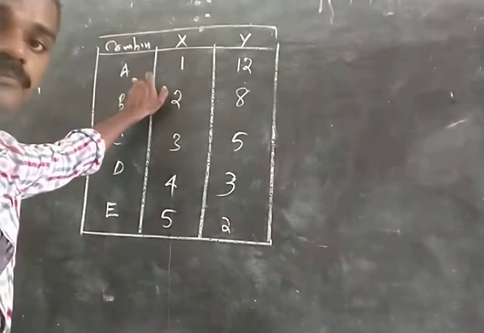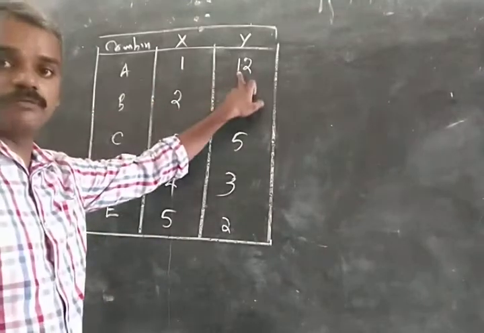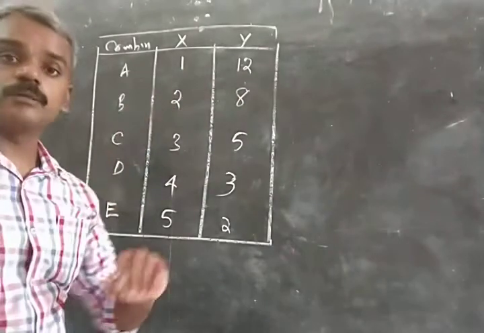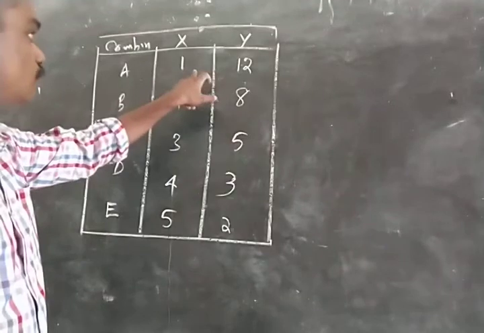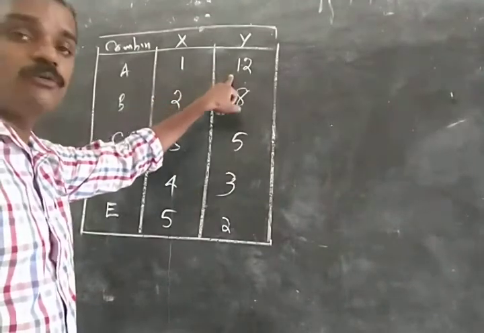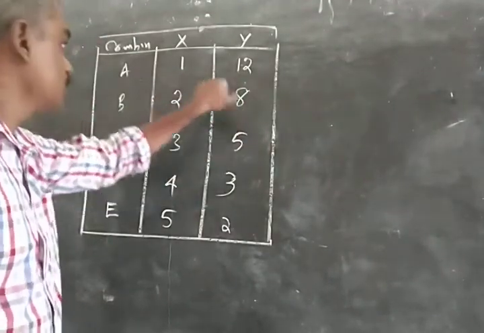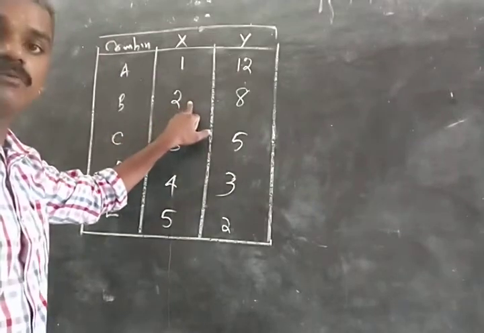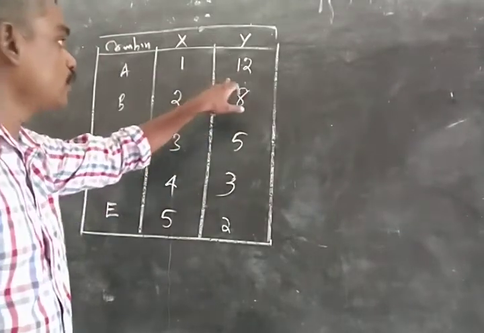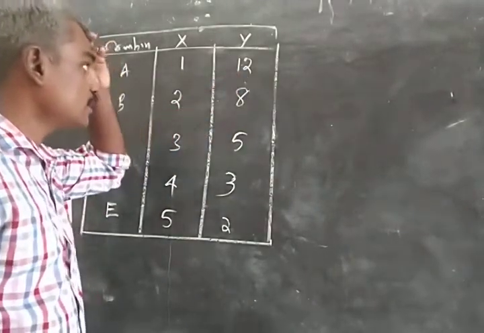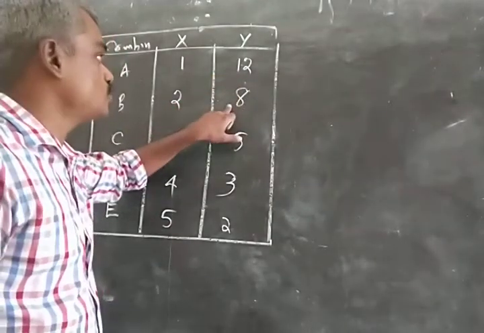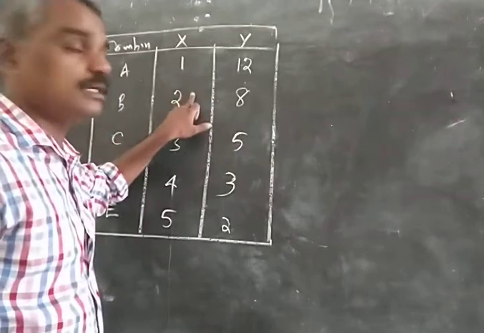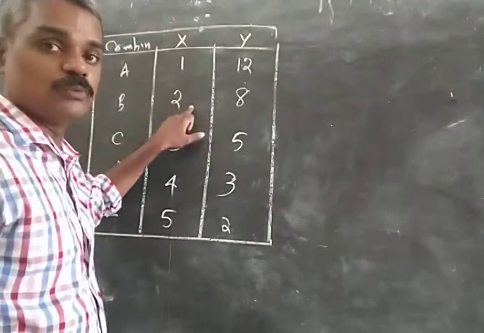He will like A because he has a certain level of satisfaction from it. He will like B equally because, though the number of Y falls from 12 to 8, the number of X increases from 1 to 2. So the loss in satisfaction due to the reduction in the number of Y consumed is compensated by the increase in the number of X consumed.